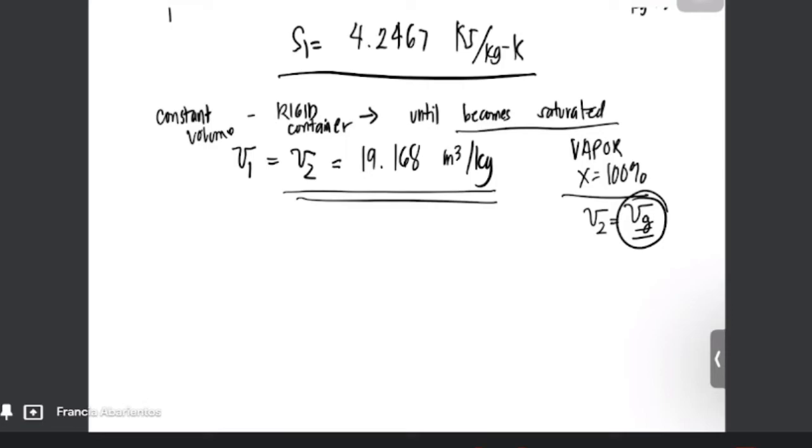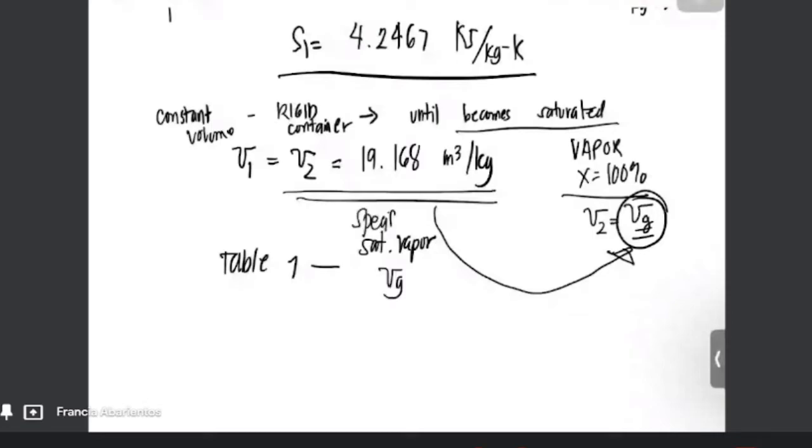Hahanapin mo sa table 1, pero ang hahanapan mong column is yung column ng saturated vapor. Yung vg or specific volume saturated vapor.